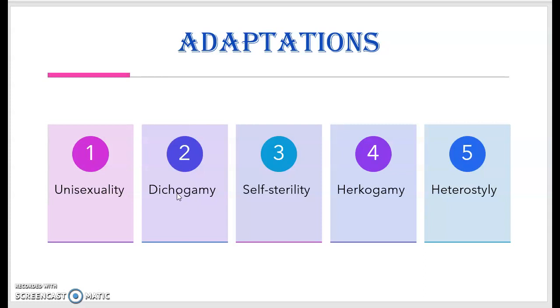So the natural adaptation that occurs in that particular plant is, if the androecium matures first, the stigma will not mature at that time. The stigma would be so small, so that even if the pollen falls on that stigma, as the stigma is so young, it will not be able to receive the pollen.